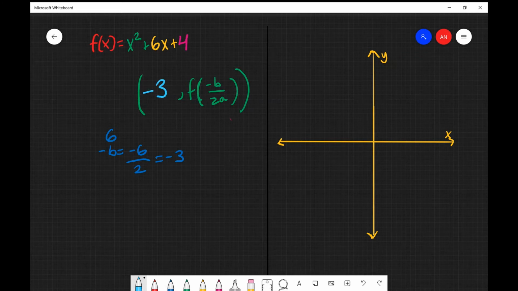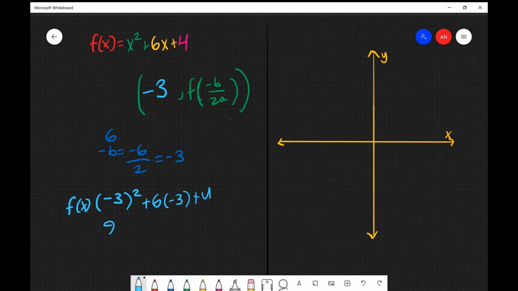Okay, so now for the y coordinate, we have to do f of negative b over 2a, which basically means we're taking negative 3 as the x value and plugging it into the original equation. f of x is equal to negative 3 whole squared plus 6 times negative 3 plus 4.